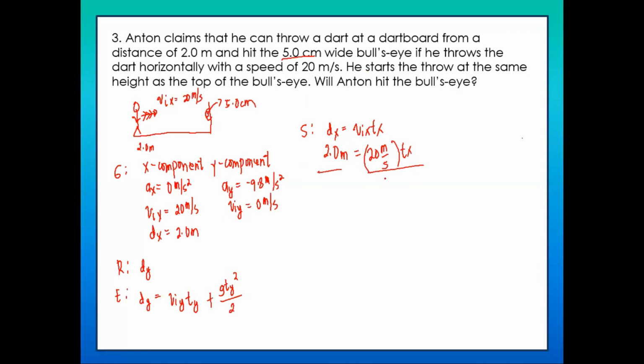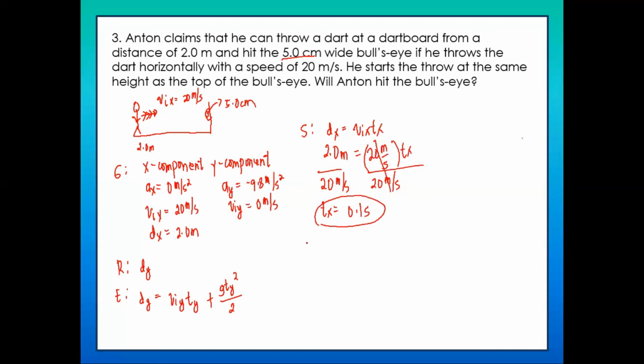Divide both sides by 20 meters per second and cancel the units. T sub x equals 0.1 second. So, this is the time that we're going to use to proceed to the next equation.